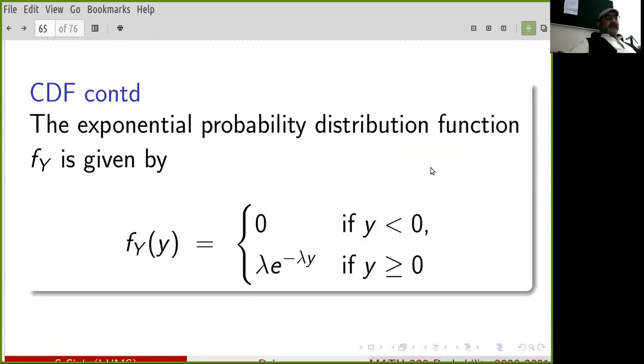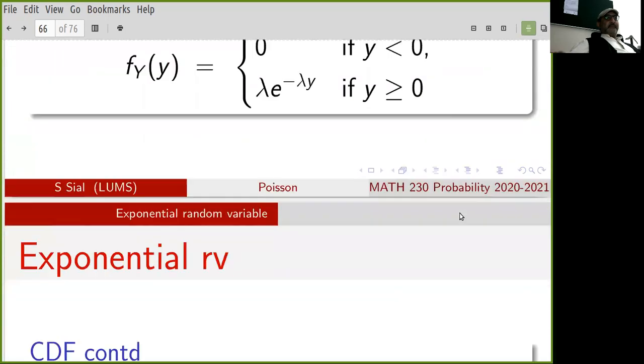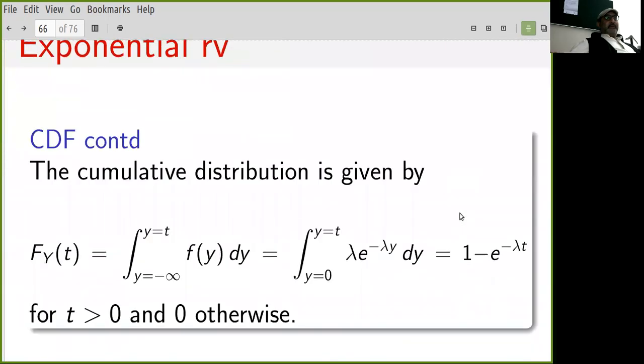So once again, the PDF for the exponential random variable y was equal to 0 if y was less than 0, and it was equal to lambda e to the negative lambda y if y was greater than or equal to 0. Lambda we're also writing as lambda equals 1 over beta. So the cumulative distribution up to t is equal to the integral from y equals minus infinity to t of f of y dy.